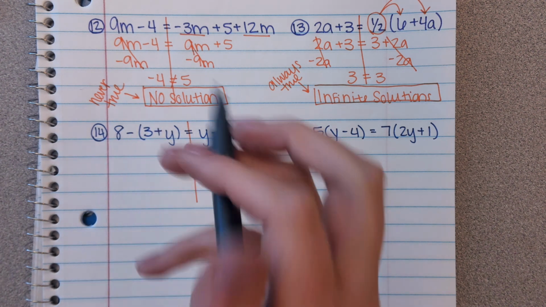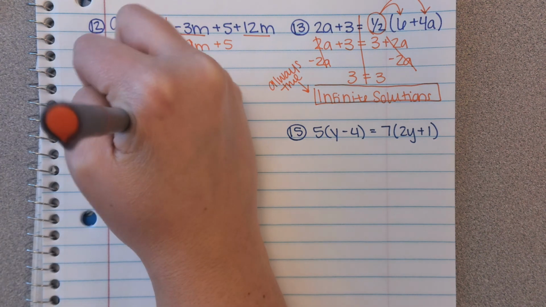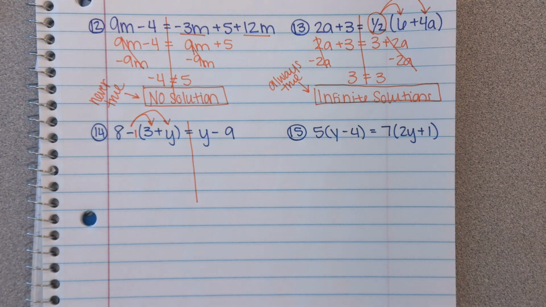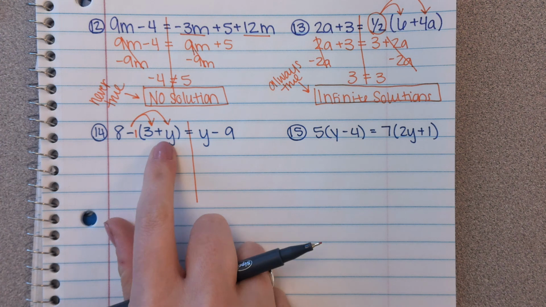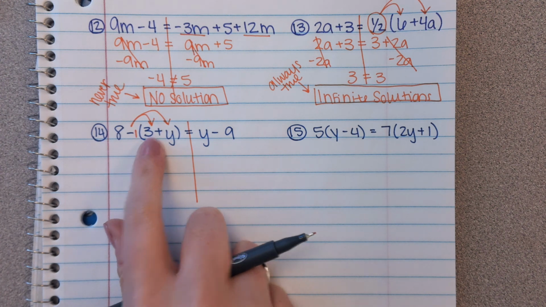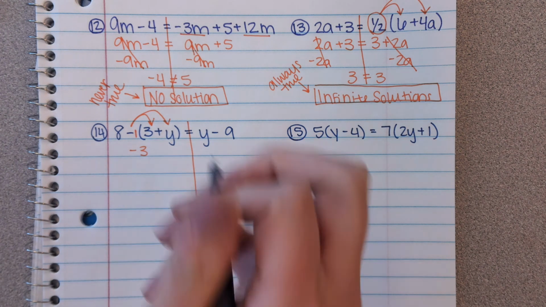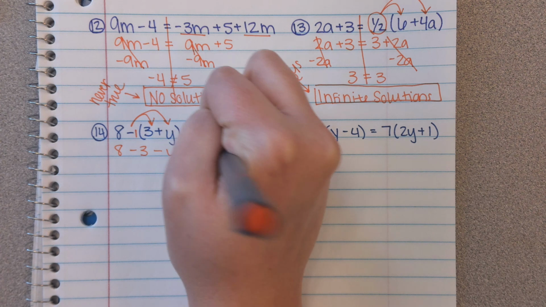That's the same as having negative 1 outside the parentheses. So we're going to distribute that negative. When we distribute a negative, you can think through multiply by negative 1, or you can just take the opposite of what's inside. So the opposite of 3 is negative 3. The opposite of positive y is negative y. I'm going to bring down the 8 and everything else.